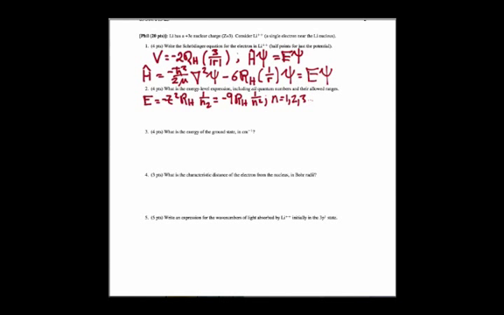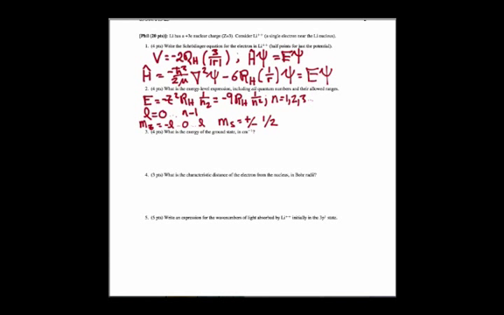The other quantum numbers are going to be L, which can go from 0 to n minus 1, and m sub L, which can go from -L through 0 to L, and finally m sub S, which can be plus or minus 1/2. So those are all the allowed quantum numbers and their allowed ranges.